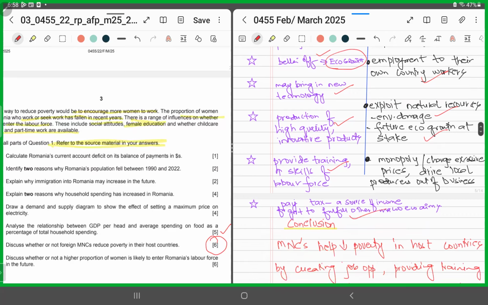It could also be that these MNCs might grow in size or become a monopoly and charge excessive prices, right? And they might drive local producers out of business.